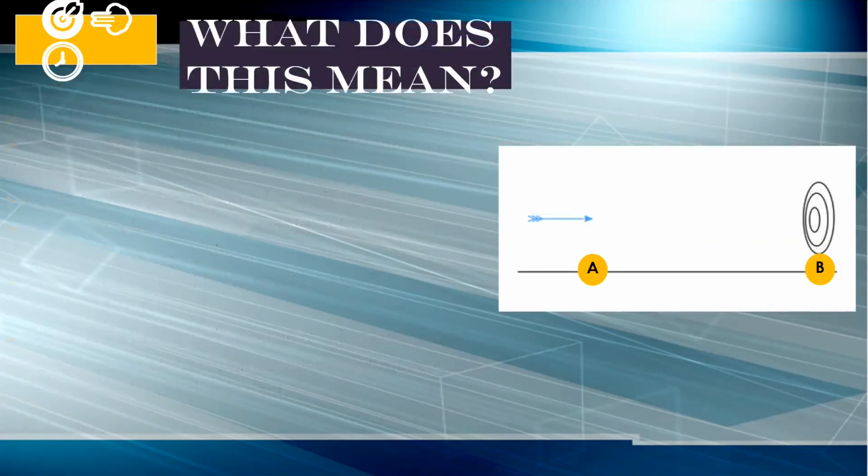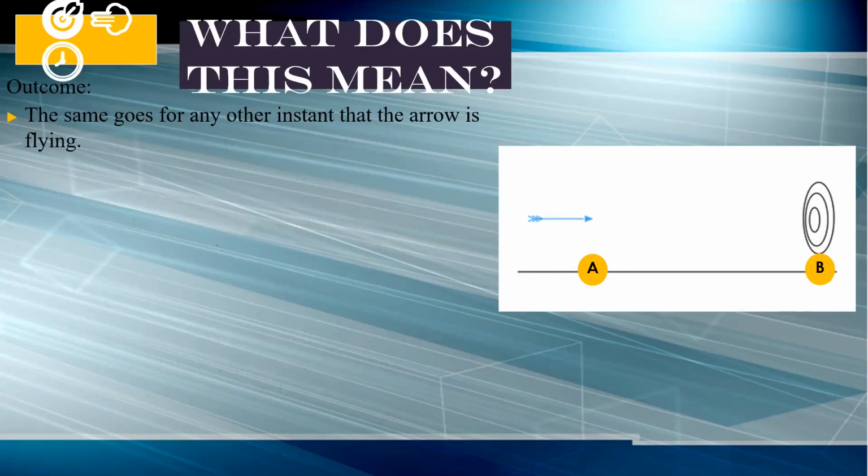Well, the same goes for every other instant that the arrow is flying. So for all those millions and millions, the infinite number of little points in between A and B, in each one, the arrow is motionless.